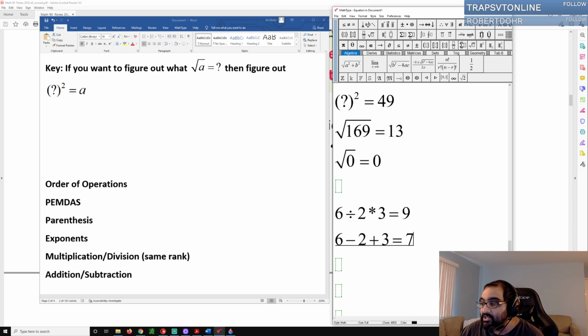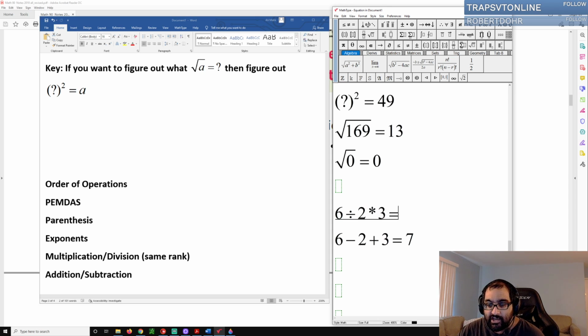Okay, easy enough. Well, why don't we do the same thing for the first problem? It's the same exact thing. We go left to right. There's no parentheses, so we don't actually multiply first before we divide. We just go left to right.